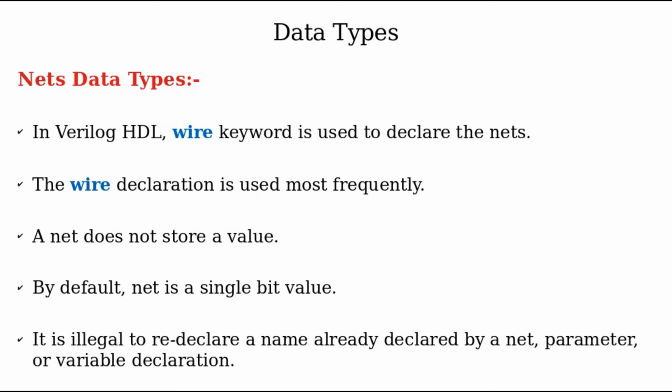A net does not store a value, as in real hardware, a wire could not store any value. A net is a single bit value by default and it is called scalar. When an identifier is declared as a net, then it is illegal to redeclare the same identifier as a parameter or a variable declaration.